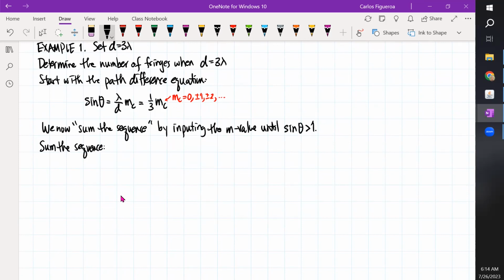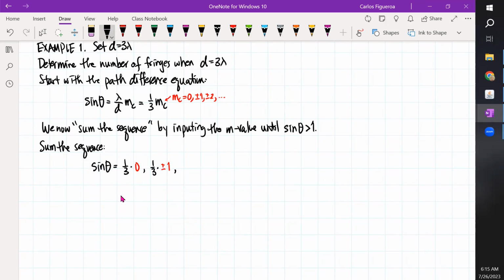So I'm going to say this is sine of theta, and then I'm going to have 1/3. The first value is 0. That's less than 1. Okay, so that works. Then I go 1/3 times plus or minus 1. That's 1/3, which is less.